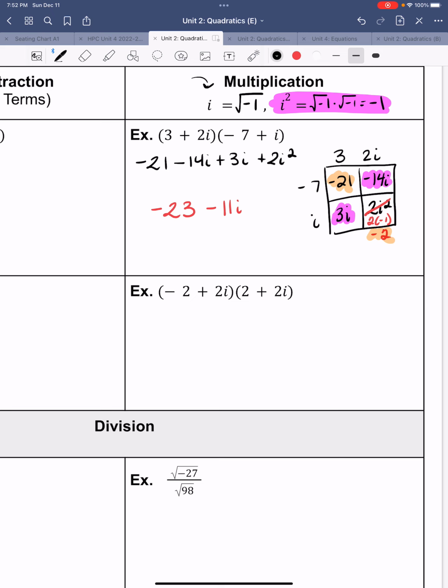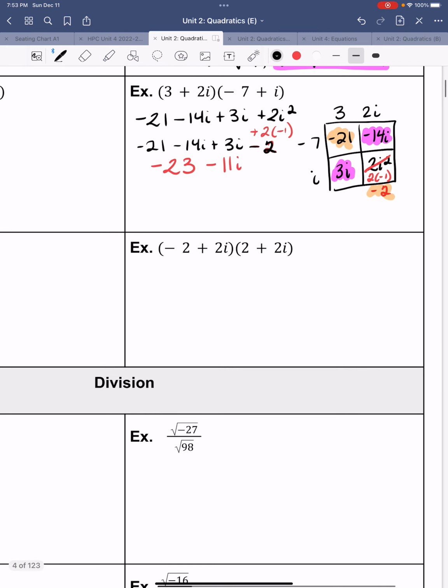And you would have done the same exact thing. We would have rewritten this as plus 2 times negative 1, which is a subtract 2. So you'd end up with negative 21 subtract 14i plus 3i subtract 2, and we still would have ended up with the same answer.